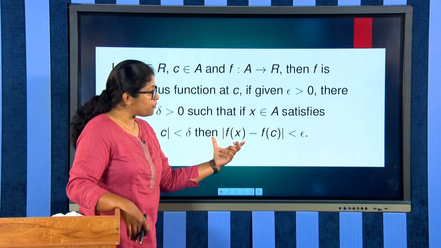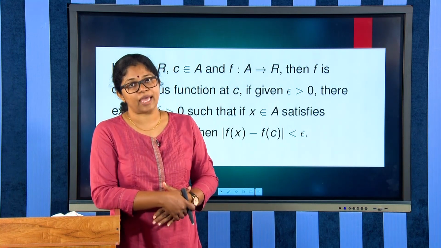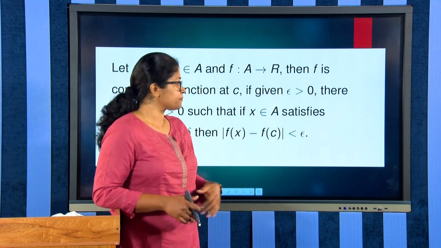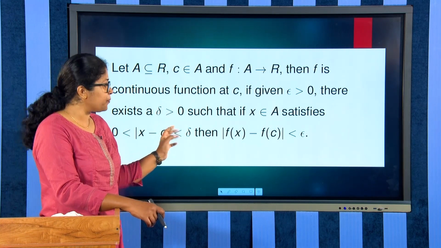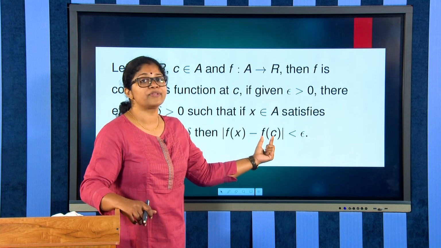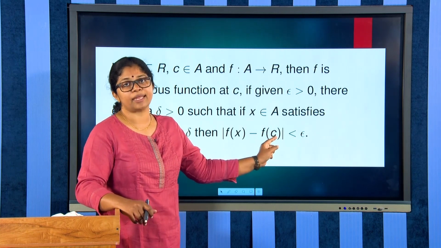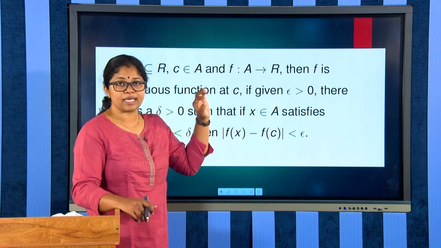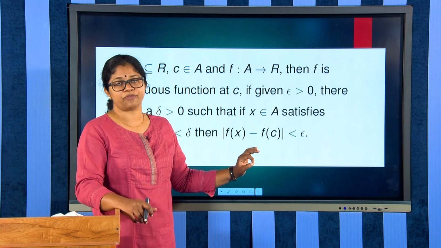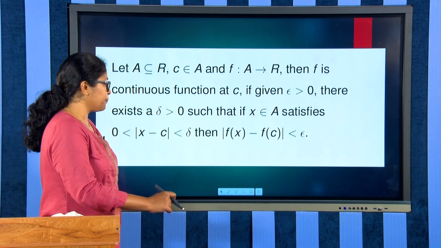So look at this definition of continuity and the previous definition of limits that we have discussed. We can see all the other conditions are exactly the same. The only difference is instead of the limit L, we have the value of the function at that point. So whenever the limiting value is exactly equal to the value of the function, we will say the function is continuous.